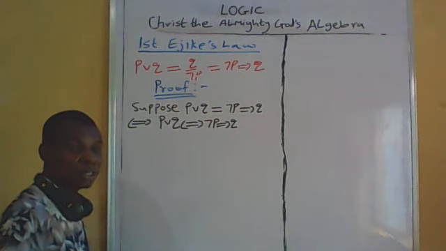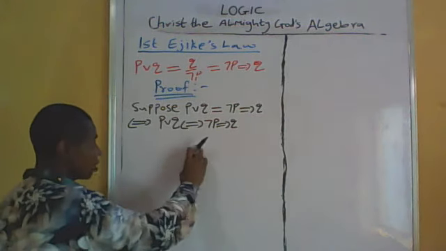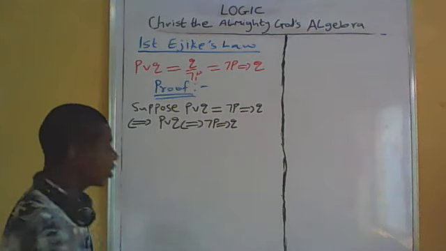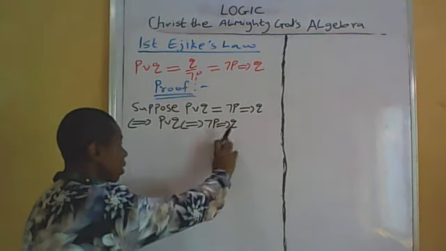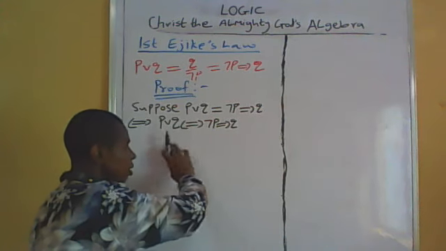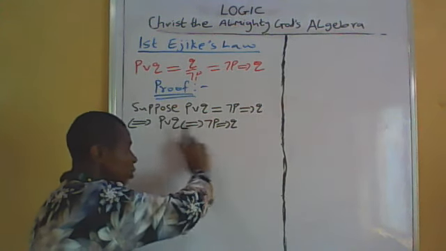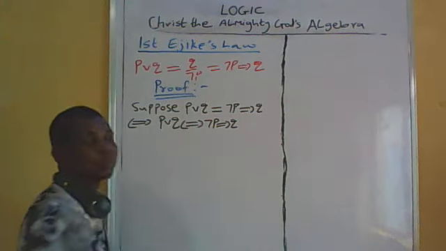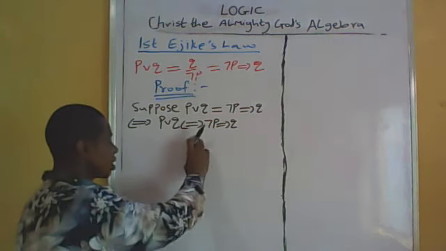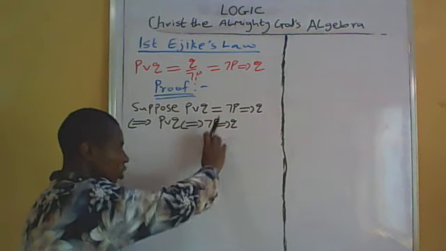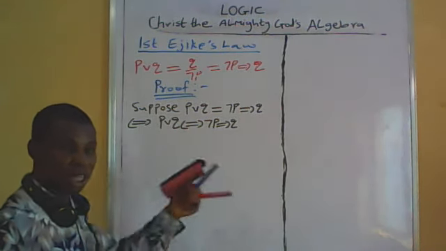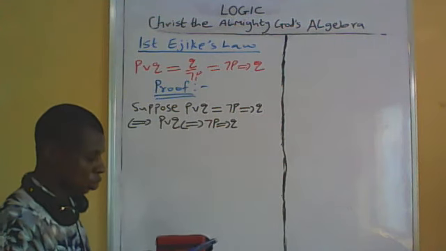We say it's logically equivalent. And whenever you evaluate this statement, it gives us a tautology. There's no possibility of getting falsity, always truth.